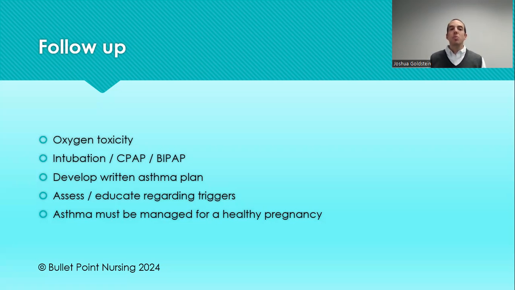All patients with asthma should be assessed and educated about their triggers. Almost every patient does have specific triggers that are responsible for their asthma exacerbations. Once they get the hang of that, their life tremendously improves as they learn to avoid those. And finally, if a patient is pregnant and has a history of asthma, please make sure you're managing their asthma. That is vital for the survival of the fetus.